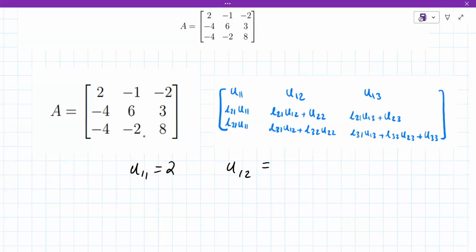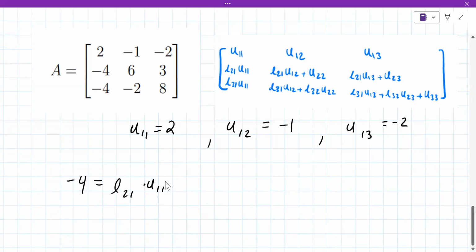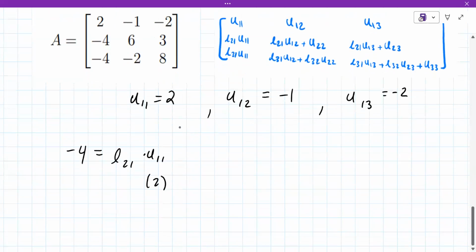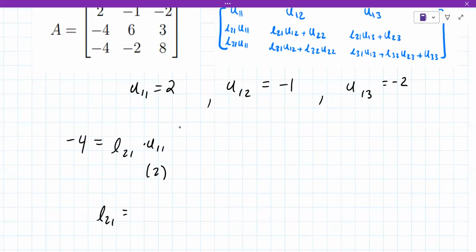U12 equals -1, and U13 equals -2. Does that look right to you? The top row is these three letters. Okay, so the next thing is -4 equals L21 times U11. And we already have U11, it's 2. So that means that L21 equals -2.